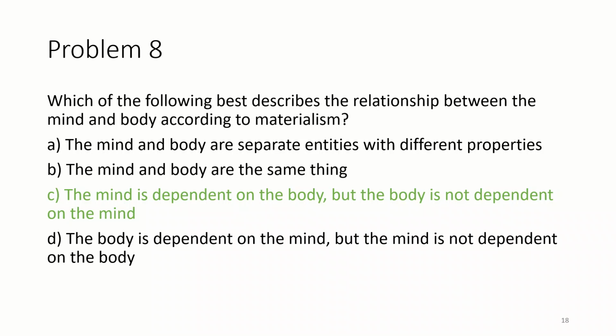Idealism is more abstract. For example, the brain is something solid which we can measure and see, but our thoughts come from the mind, so they are more abstract. So the mind and body are separate entities with different properties.